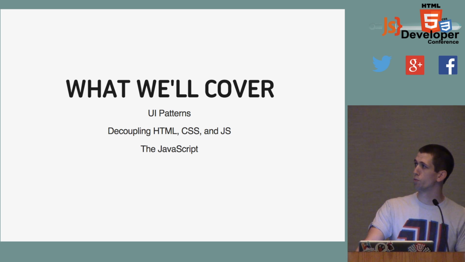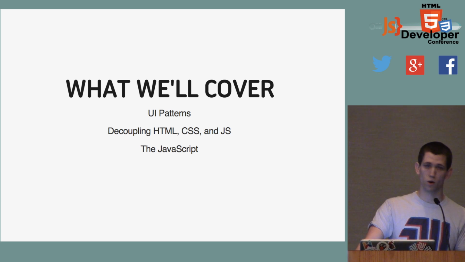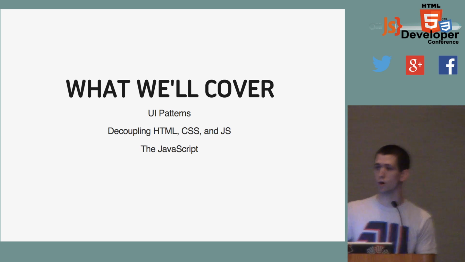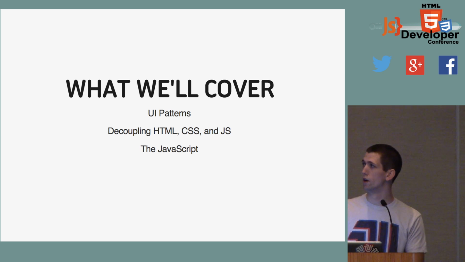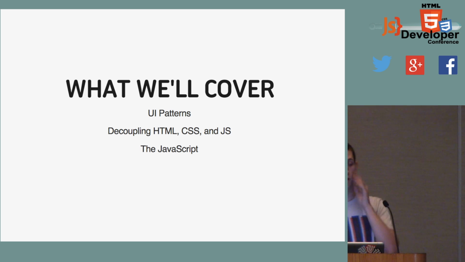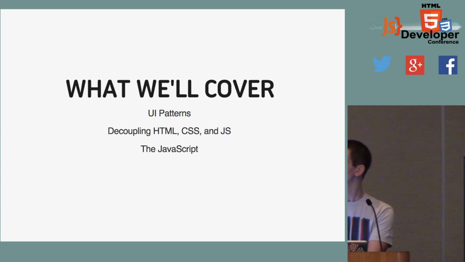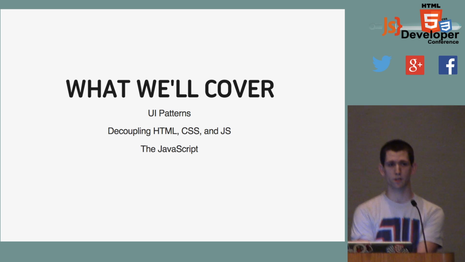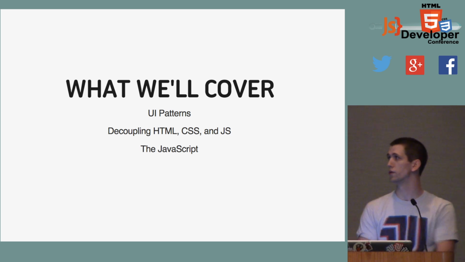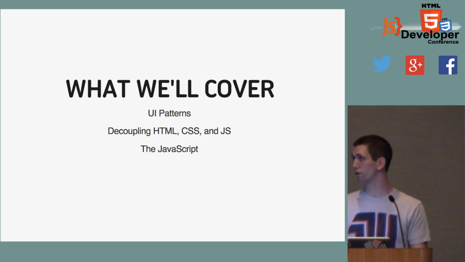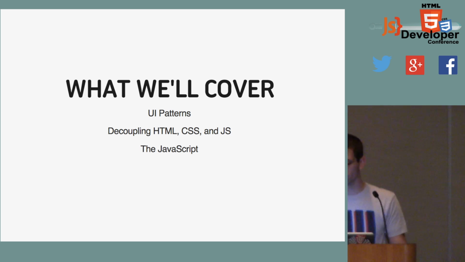Then I'm going to get a little bit preachy on decoupling your markup, your CSS, and your JavaScript, and why it's important and how it's done. And then at the end, we'll hone in on a concrete example in JavaScript and go over some criteria for writing truly solid, reusable UI components in JavaScript. So let's talk about UI patterns.